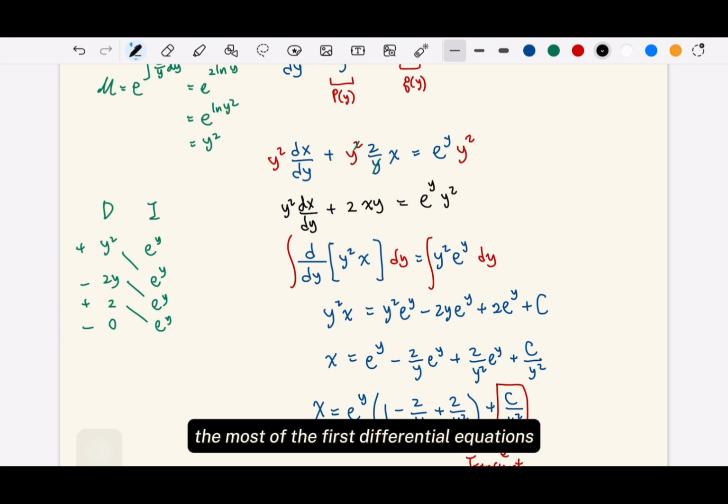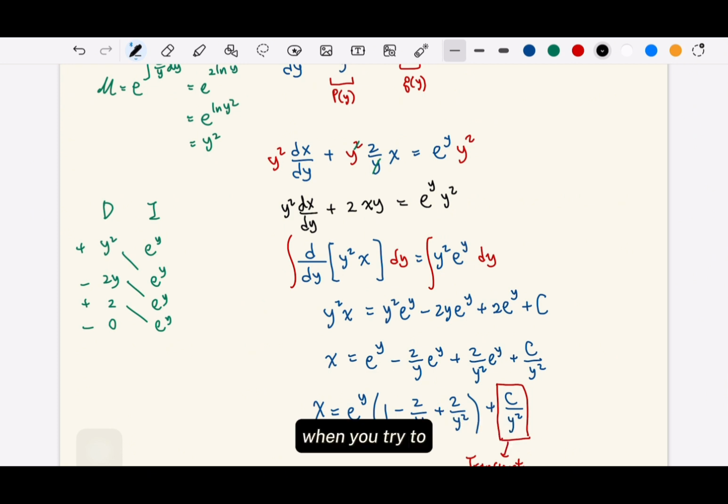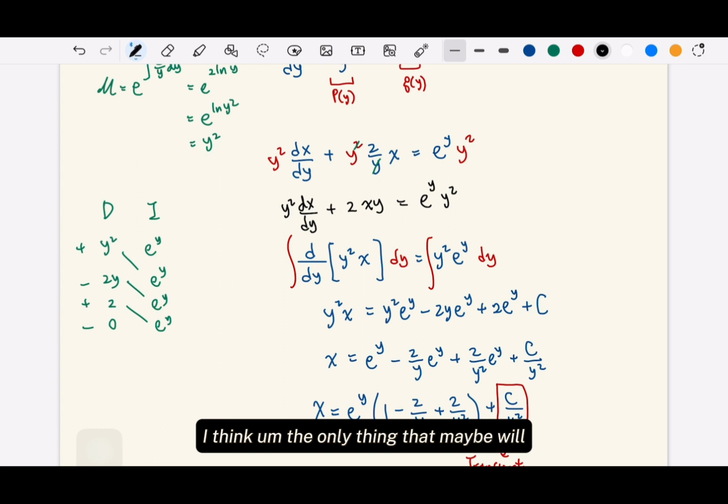Most of the first differential equations are not that difficult. The only obstacle is that it's long. You need to write a lot. That's the only thing that maybe will make your exam difficult. It takes a long time.